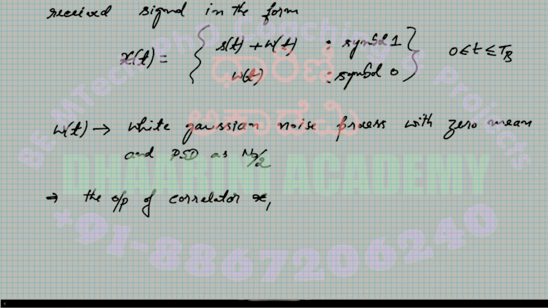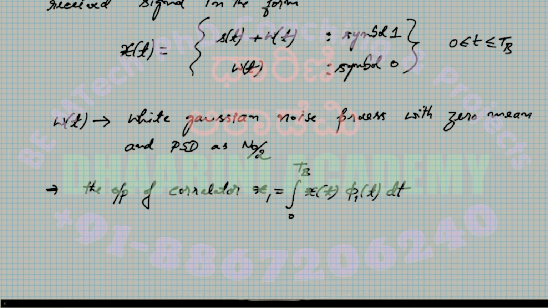The sampled value is equal to the integral from 0 to tb of the incoming signal x of t, multiplied with the basis function phi 1 of t, since you are doing the correlation. So this is what you get as x1.